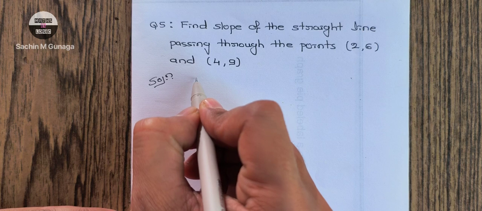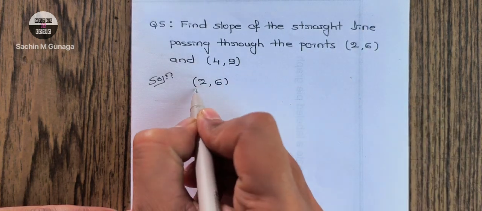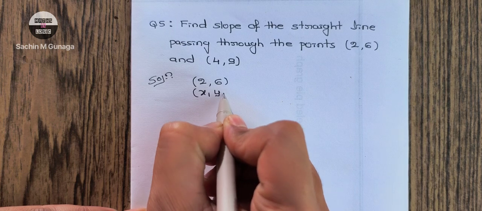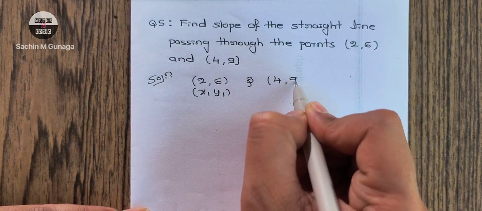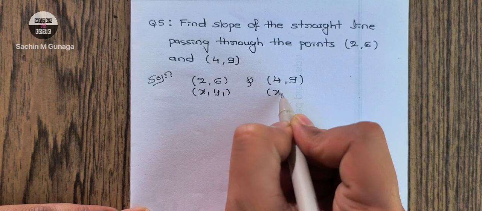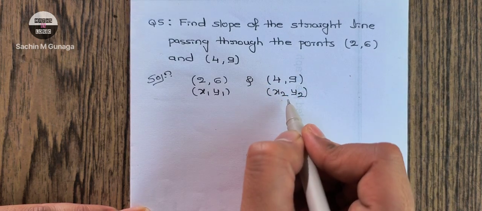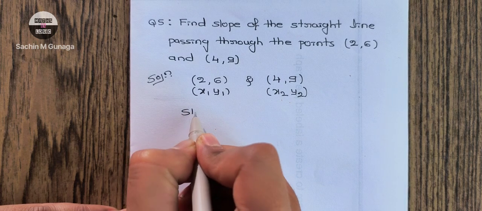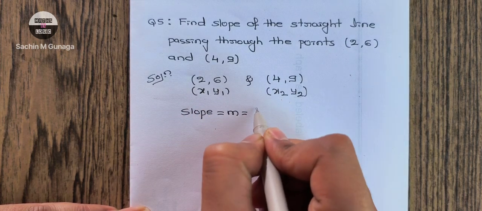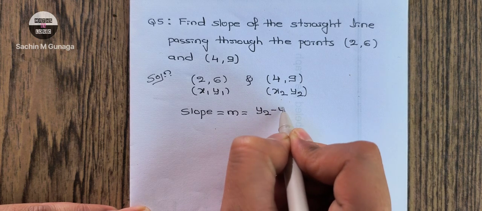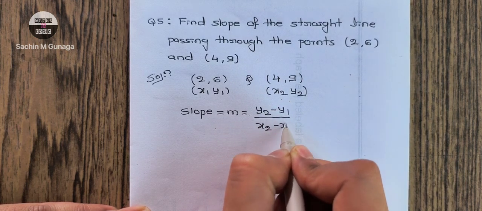So in the first step, the first point (2, 6) we will consider as x1, y1, and the second point, that is (4, 9) we will consider as x2, y2. So whenever x1, y1 and x2, y2 are given, that time the slope formula, that is m is equal to y2 minus y1 divided by x2 minus x1.